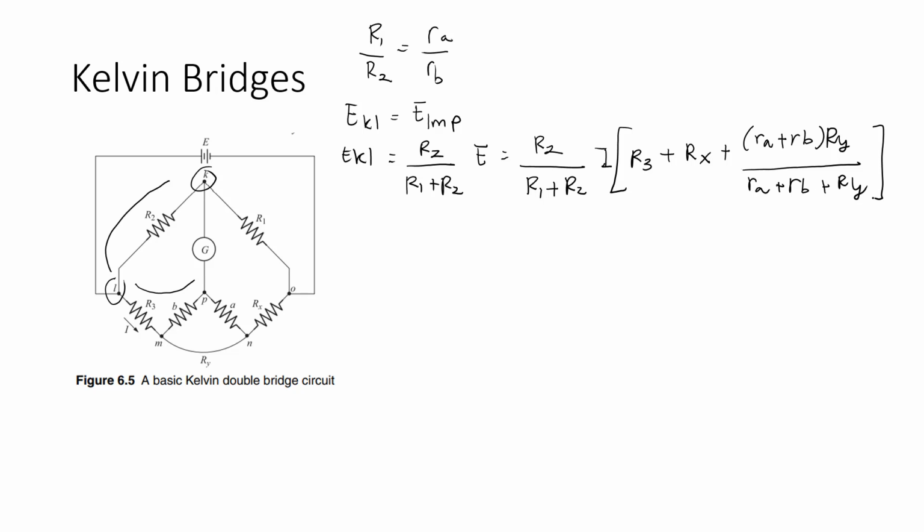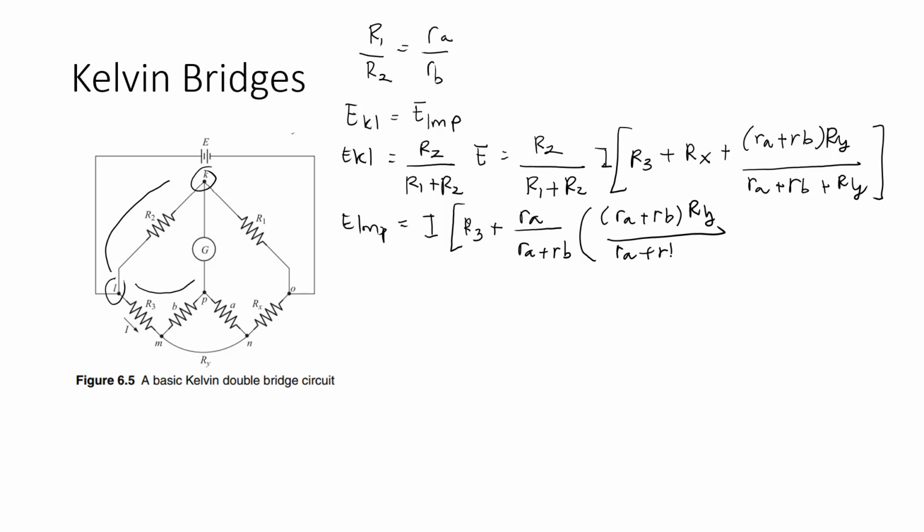So we get that E_LMP is equal to I dot R3 plus Ra per Ra plus Rb multiplied by Ra plus Rb Ry per Ra plus Rb plus Ry.